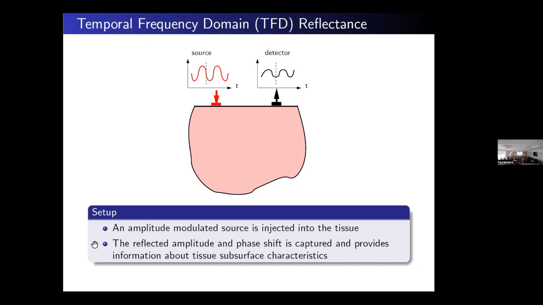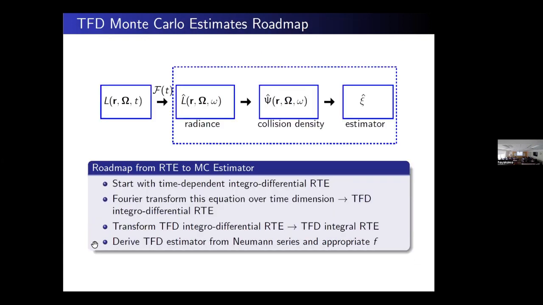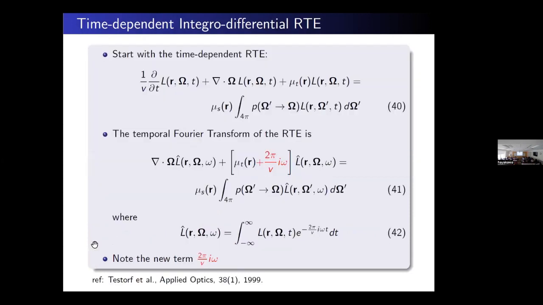Like the previous method, we start with the radiative transport equation, the integro-differential equation in its time dependent form, and Fourier transform with respect to time. Then we do our thing: method of characteristics, we get an estimator, and then we get the appropriate way to tally temporal frequency.